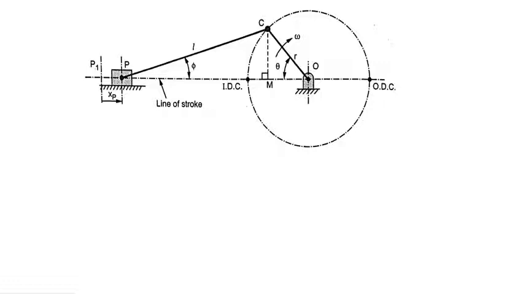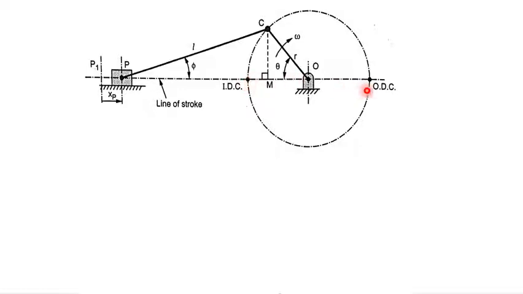Now, in order to analyze the IC engine mechanism, let us consider an IC engine as shown in the figure. In it, OC is the crank, whereas CP is the connecting rod, and it is considered that the crank rotates with the angular velocity omega in the clockwise direction, and it turns through an angle theta from the inner dead center.